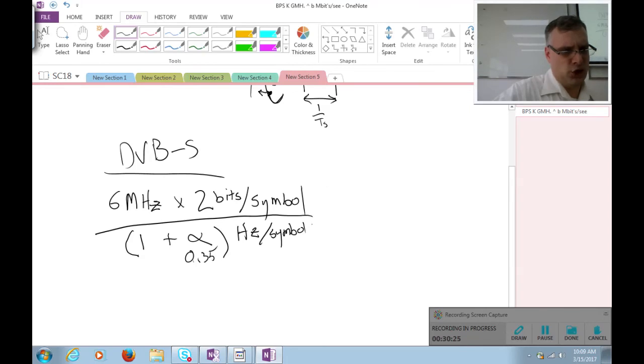It should actually be hertz seconds per symbol, really, to get the units to work out here.